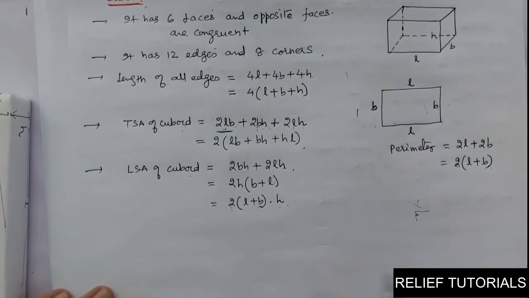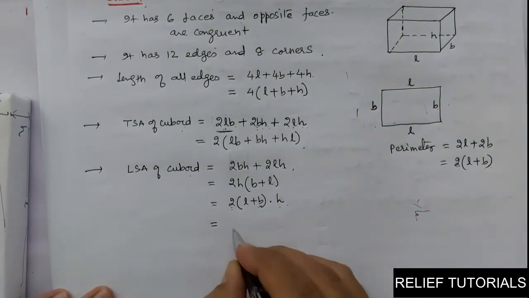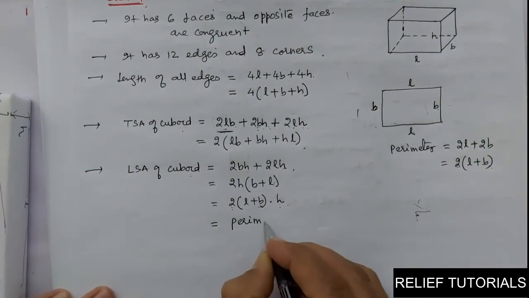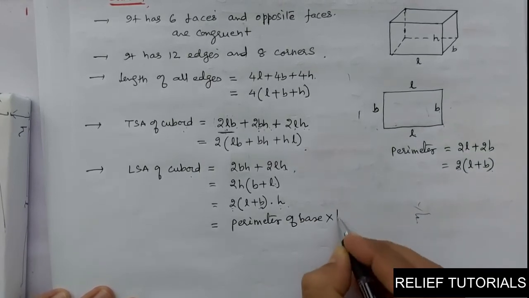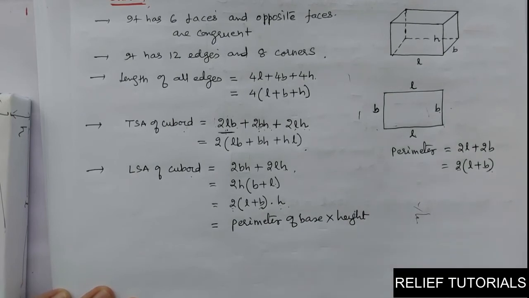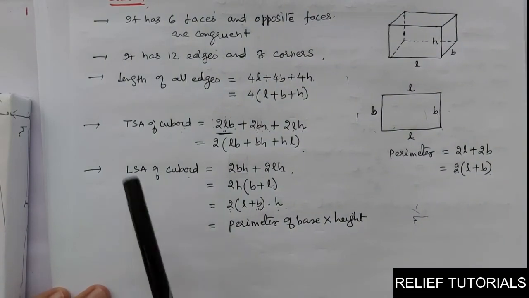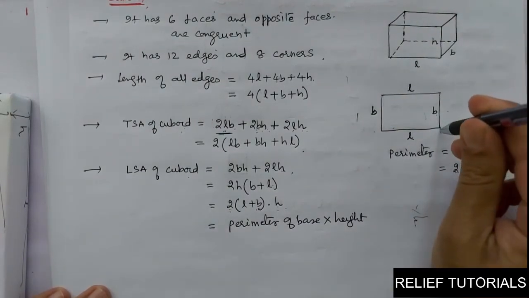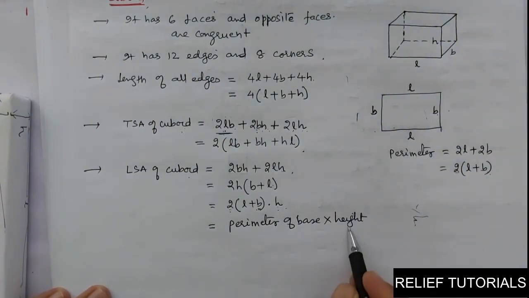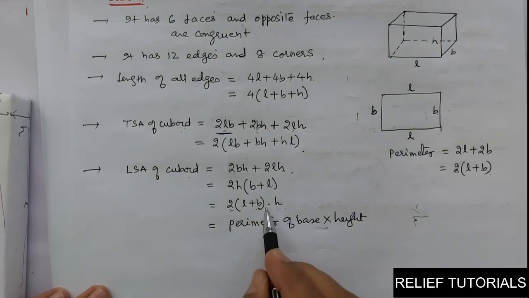So we can write this formula as lateral surface area is equal to perimeter of base into height. So the lateral surface area of a cuboid is nothing but perimeter of base into height, this height. So perimeter of base is 2 into L plus B, into height.